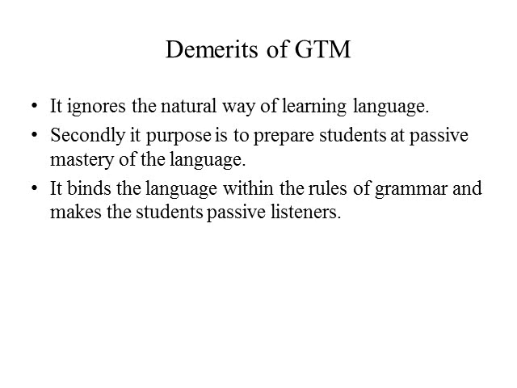Teacher is authoritative in the classroom, students are listening to him or her passively. Teacher is active, listeners are passive. So it is a drawback of the grammar translation method. It binds the language within the rules of grammar and makes the students passive listeners. Teacher comes in the class and starts to elaborate the rules.